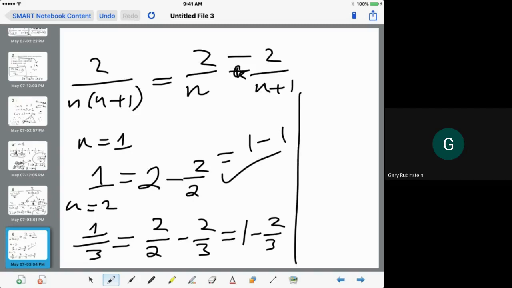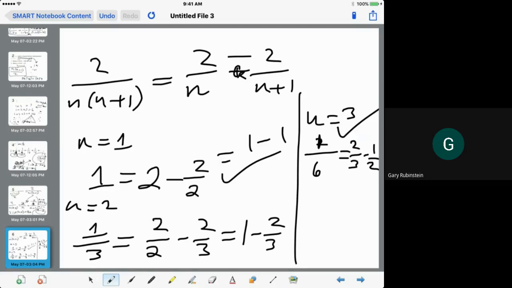And just to see what's going on, when I make n equals 3, I get 2 over 12, which is 1/6, which is equivalent, according to the formula, of 2/3 minus 2/4, which I'll write as 1/2. And 2/3 minus 1/2 is 4 over 6 minus 3 over 6, which is 1 over 6, which is true.